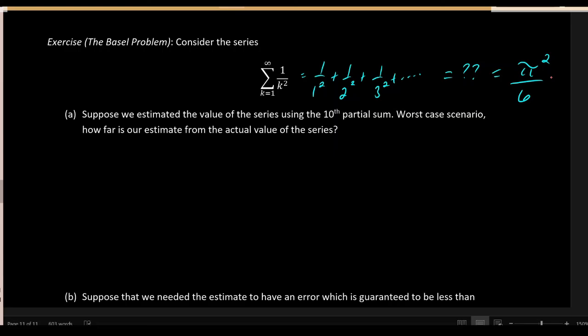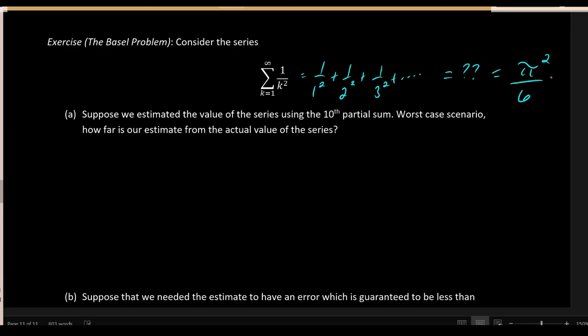So let's see if we can estimate the value of this series using these error estimates from the previous page. So suppose that we estimate the value of the series using the 10th partial sum. So instead of adding up all the terms in the series, we only added together the first 10.